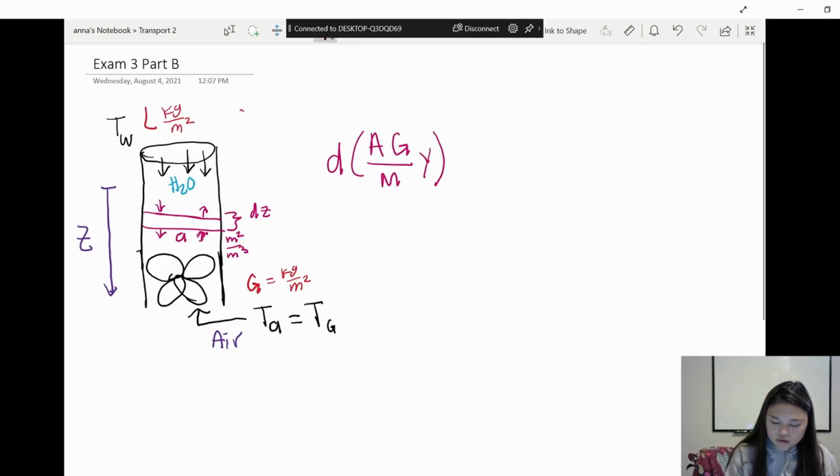On the other side of this equation, we have the mass transfer coefficient, times the concentration of water at that interface, minus the concentration of the water out in the bulk air.